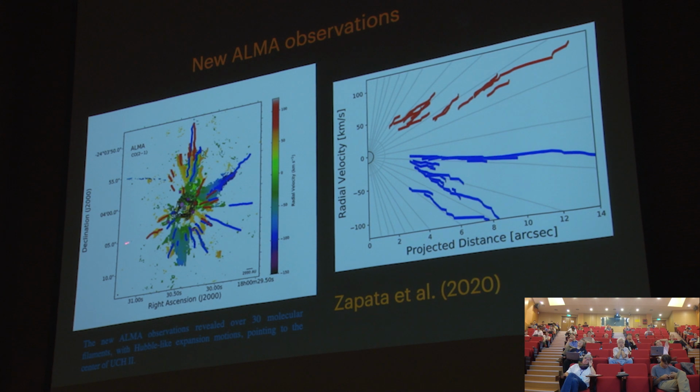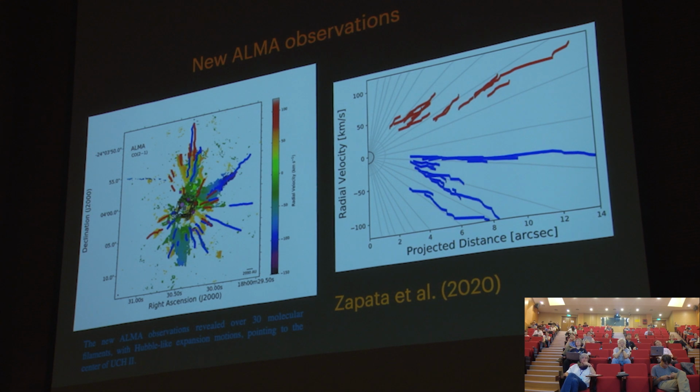You again see the filaments pointing to the same position, something in the center of this H2 region. If you do the same experiment, the PV diagram, you find something really similar to what we already found in Orion.